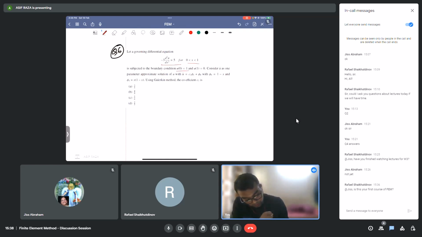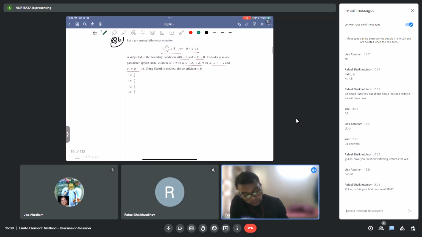Consider again u hat as a one parameter approximate solution with u hat as c1 phi1 plus phi naught, with phi naught as 1 minus x and phi1 as x times 1 minus x. Using Galerkin method, the coefficient c1 is. So like last time, this is a similar way. I'll just again try to solve this without taking much time.